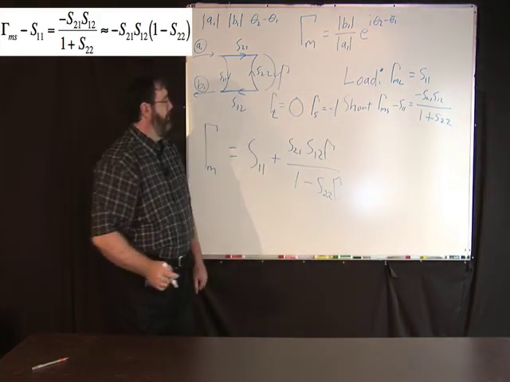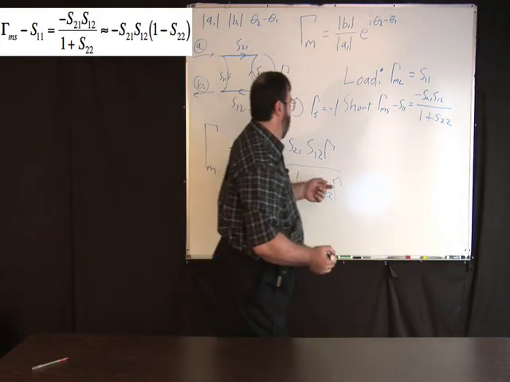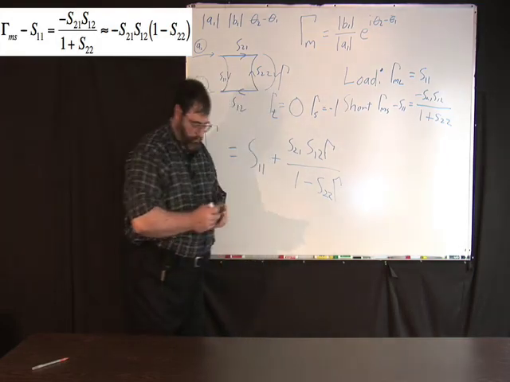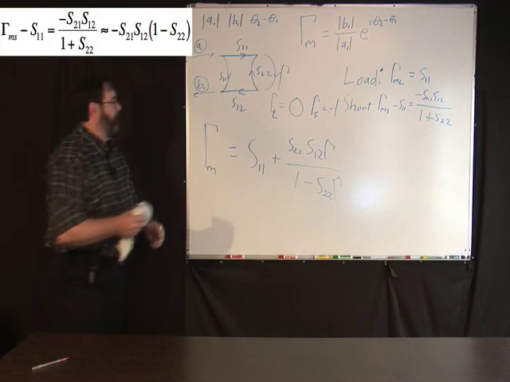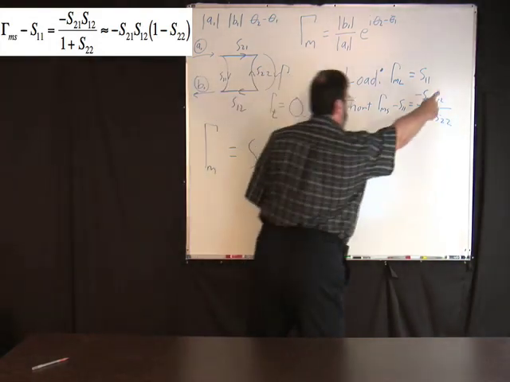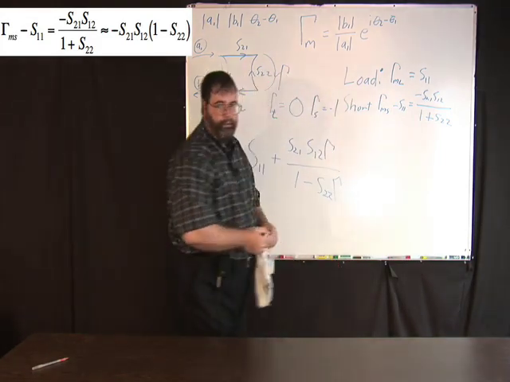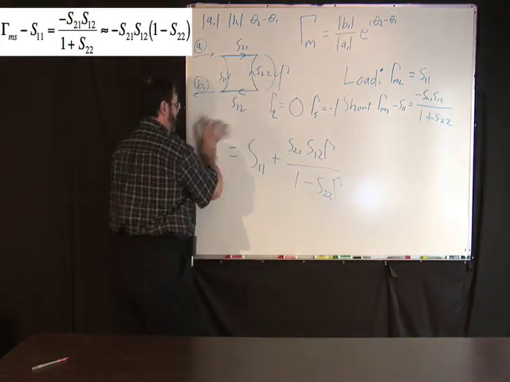Well, did that help us any? It kind of does, because if you look at this term here, we're assuming that this is small. If that's not small, then this is a bad reflectometer.